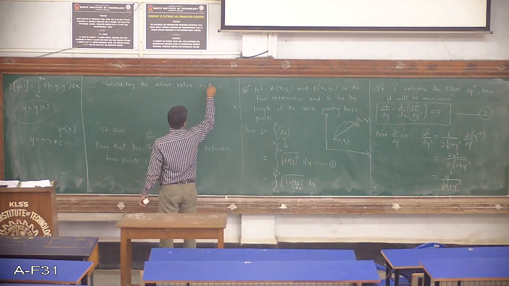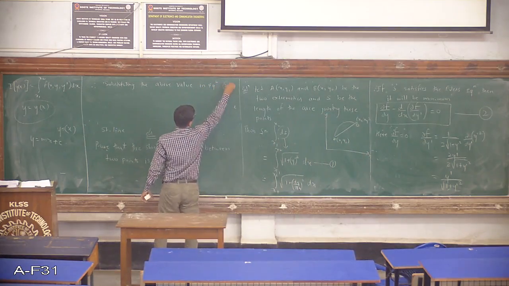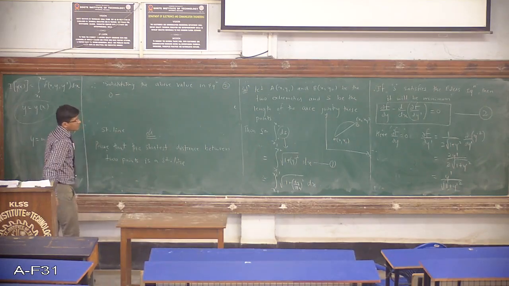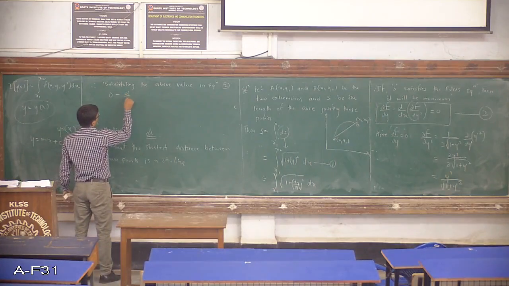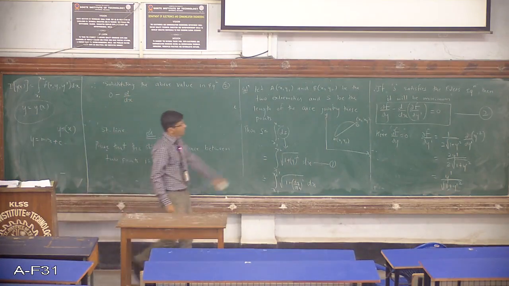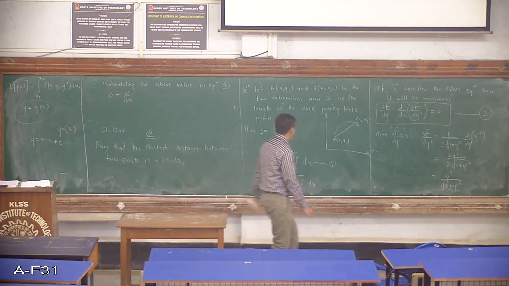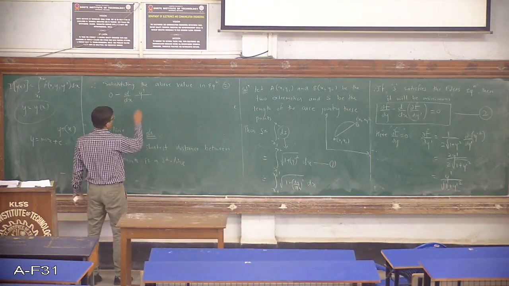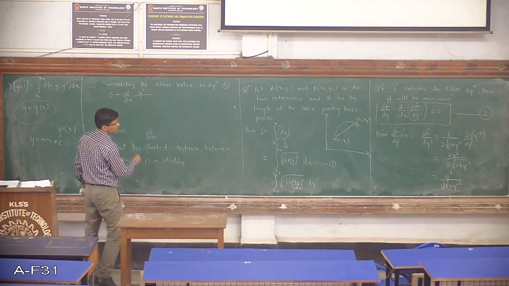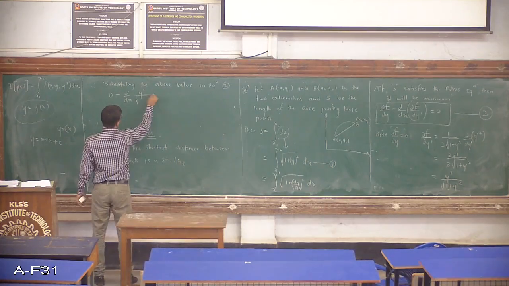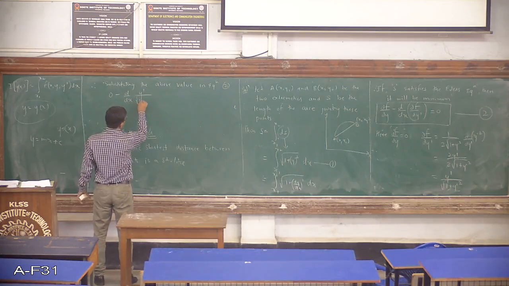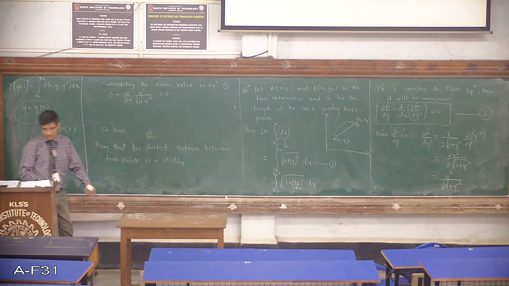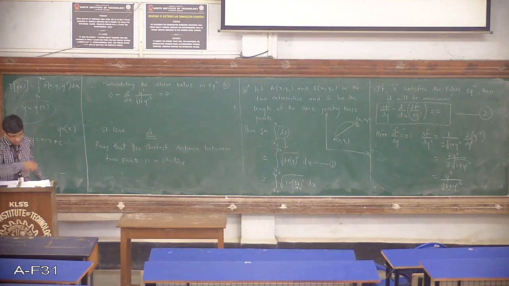Substituting the value in equation 2, dou f by dou y is 0 minus d by dx of, what is the value of dou f by dou y prime? It is y prime into square root of 1 plus y1 square equal to 0. Fine.